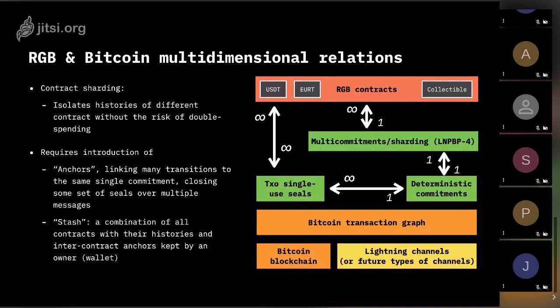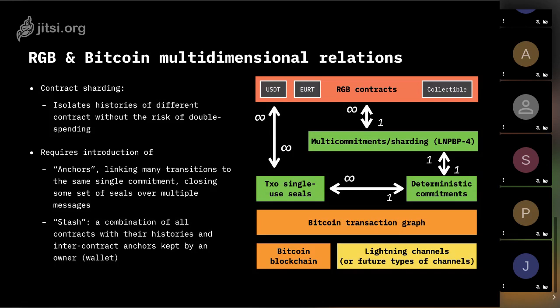And this partially revealed history, a very compact form of it, is named a consignment. You take this consignment as a single structure, and you send it over the network or by other means to the party that is receiving the coin. This consignment is then verified by that party with all this partial data.